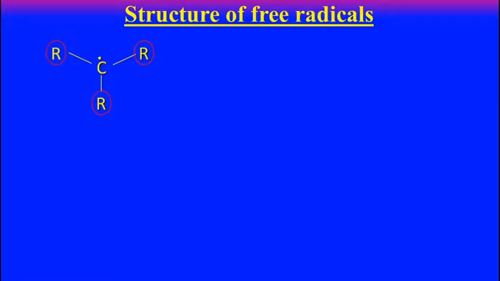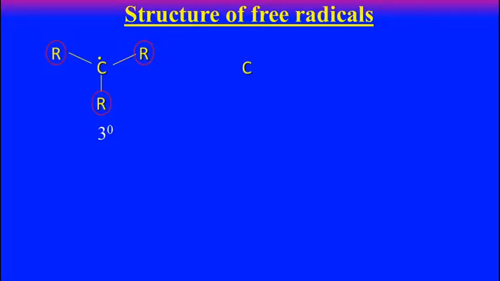In this case we see that this free radical contains three alkyl groups, so this is called a 3 degree alkyl free radical. Here alkyl means it contains alkyl groups, that's why it is called an alkyl free radical.